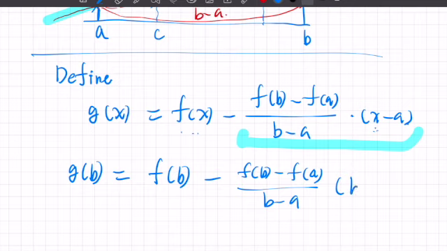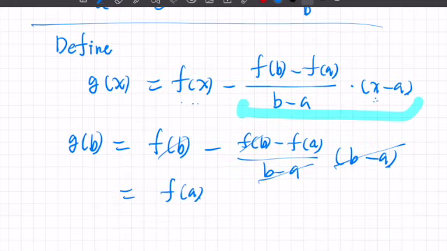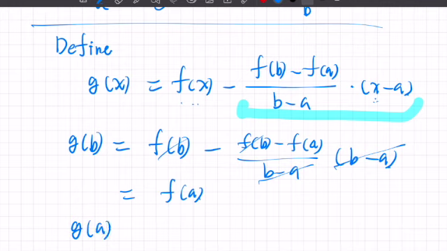So this b minus a will cancel, and this f of b will cancel, and we have f of a here. And g of a is f of a, because if x is equal to a, then this term is 0, so it's just f of a. So this value and this value have the same value.